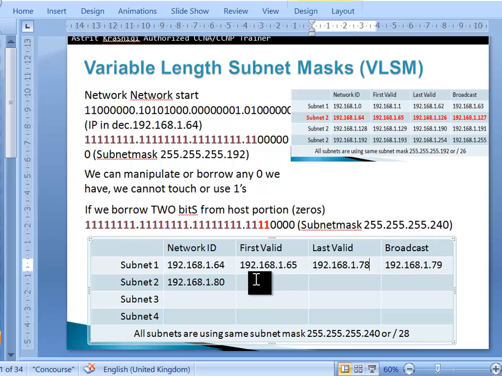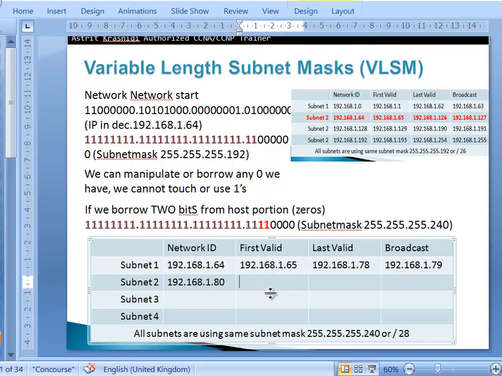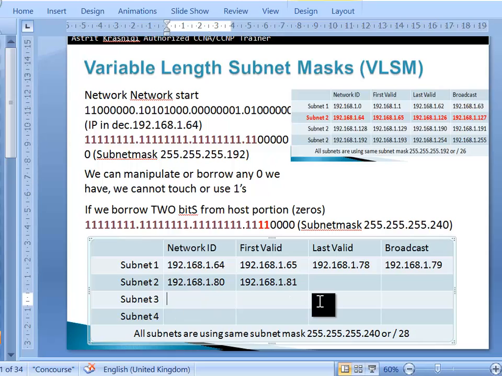Subnet 2: the first valid address is the subnet ID plus 1, so 192.168.1.81. To find the last valid address and broadcast, it's better to find the next subnet, which is subnet 3.